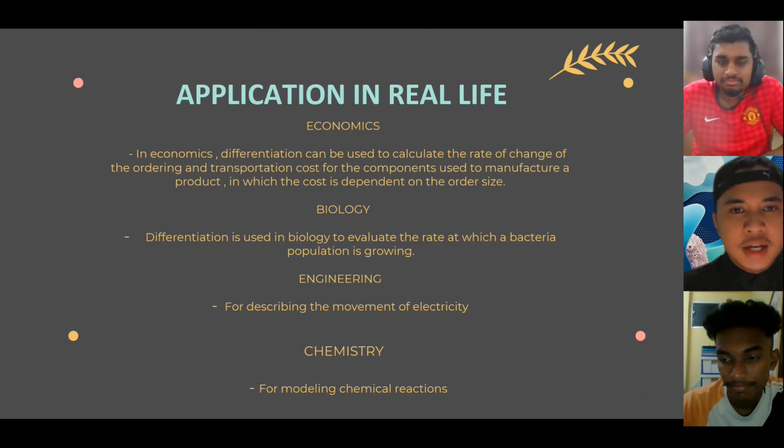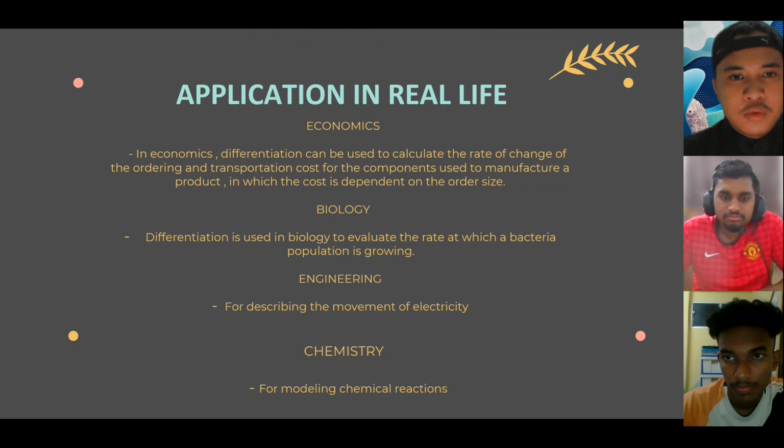Okay, next, applications in real life. First, in economics, differentiation can be used to calculate the rate of change of the ordering and transportation cost for the components used to manufacture a product, in which the cost is dependent on the order size.